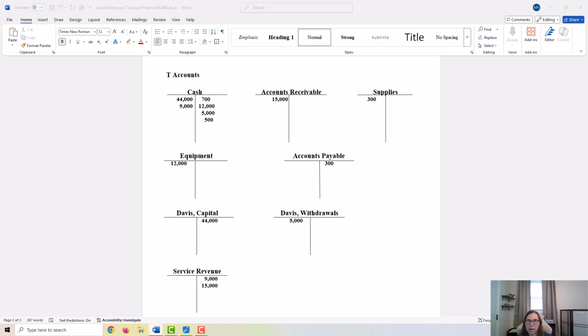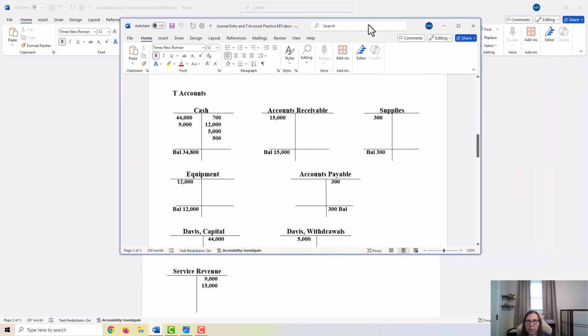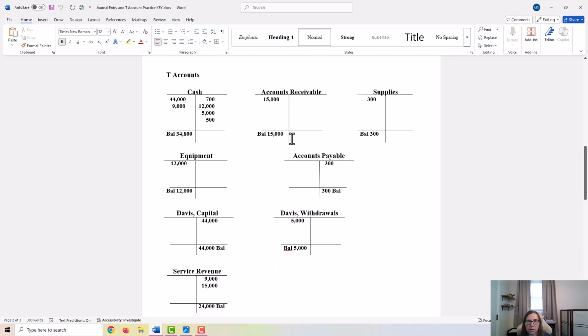$34,800. And I'm just going to go ahead and bring over the answer key so we can go through all of these with the answers already here. But your cash account, when you calculate the balance, you would create this line, and then you would put the balance on the debit side because these debits were larger than these credits.